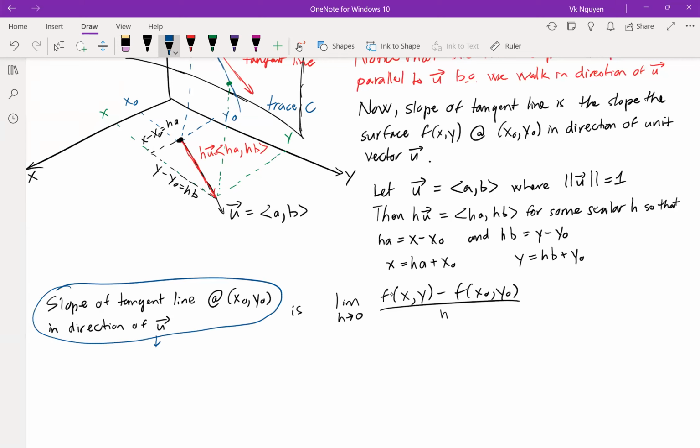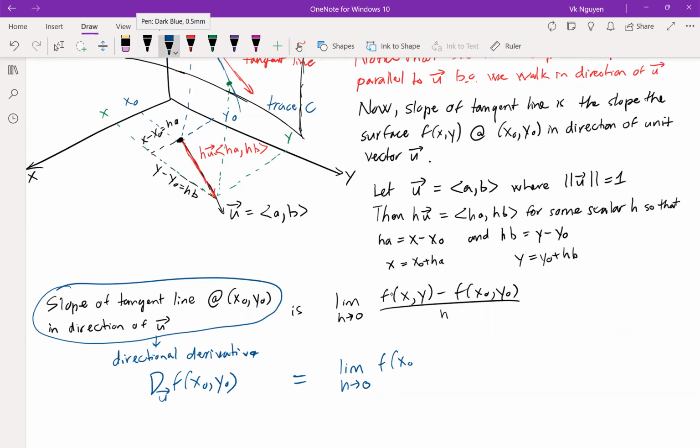Mathematicians, we call it the directional derivative of f at x naught, y naught, which is equal to the limit as h goes to 0 of f(x naught plus ha, y naught plus hb) minus f(x naught, y naught) over h.